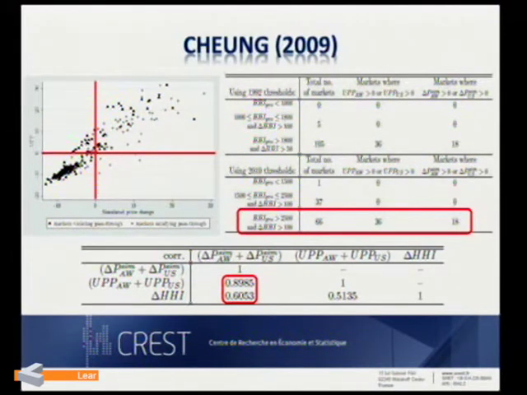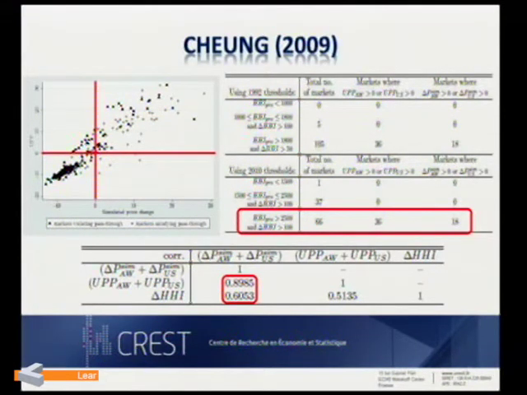If we look at the scatter plot on the left, if UPP was to be extremely efficient, we would like to see points only in the top right and in the bottom left corners. So situations where the anticipated price change or simulated price change has the same sign as what UPP would predict.